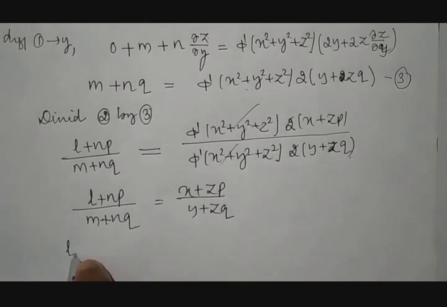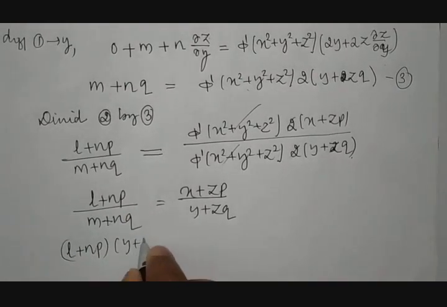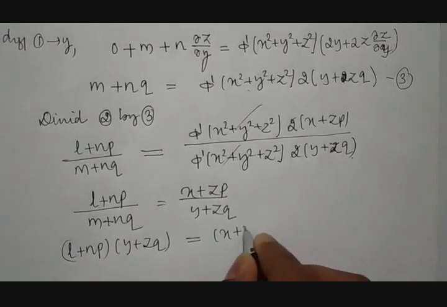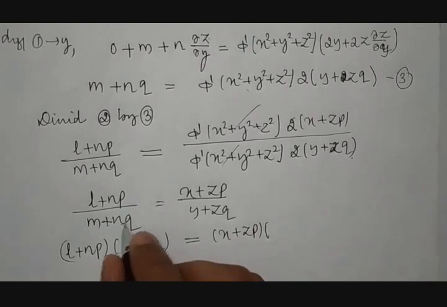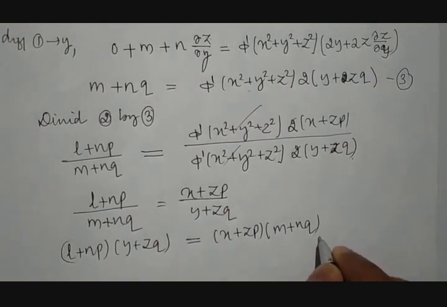Then let us take cross multiplication. Then we will be getting L plus np into y plus zq is equal to x plus zp into m plus nq.